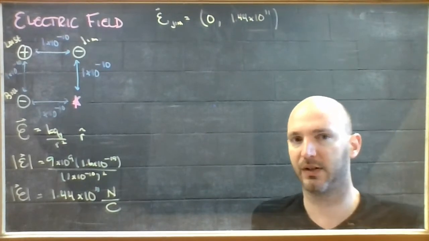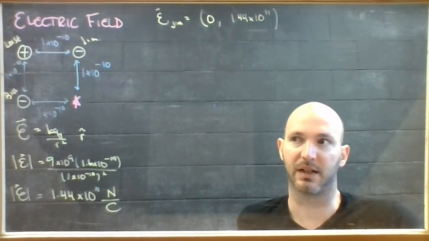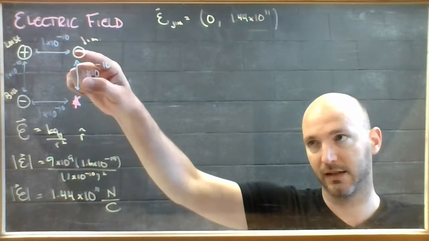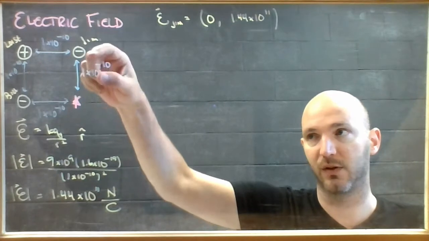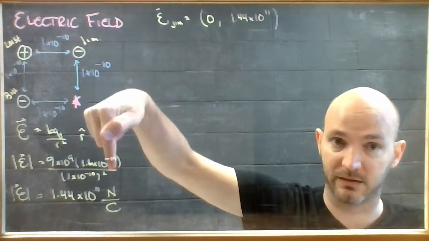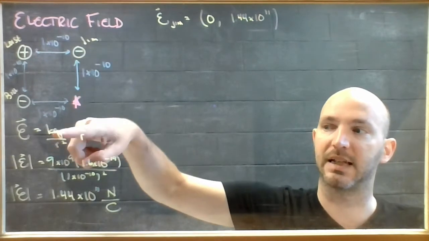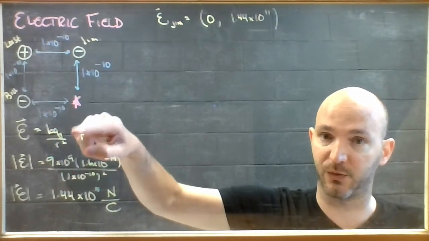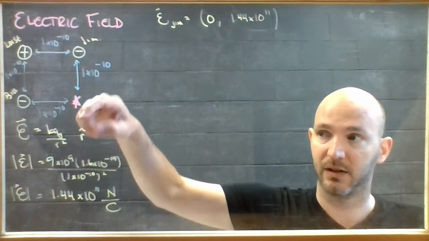And here's where you need to be a little careful about your interpretations. R hat is the radial direction. So Jim's radial direction, as far as this is concerned, is pointing that way. But Jim has a negative charge. So if I put a negative charge in here, it's going to reverse that vector.